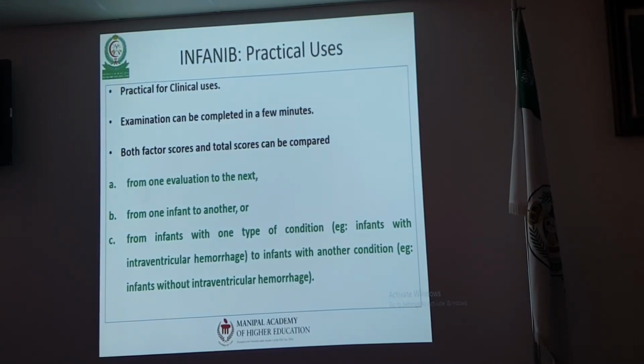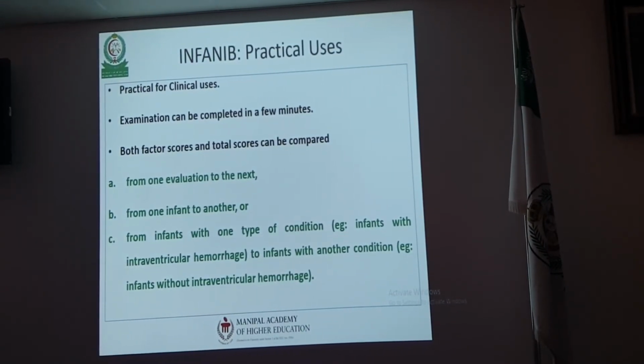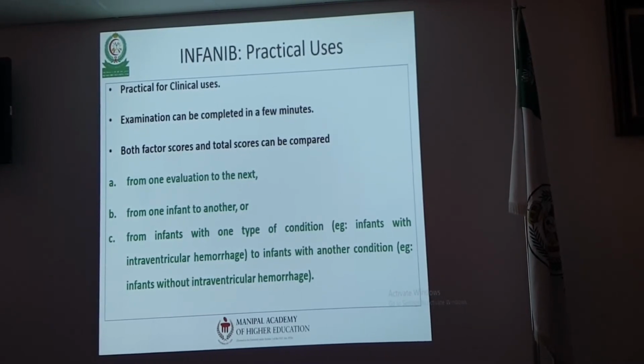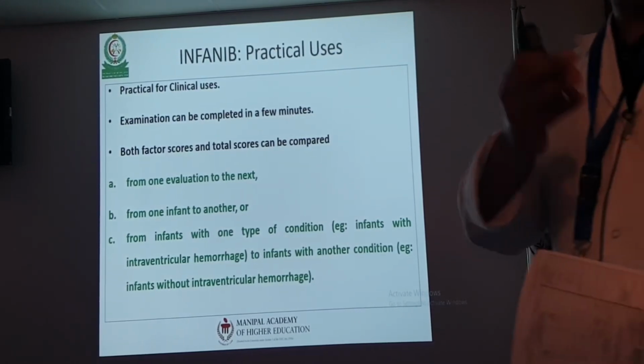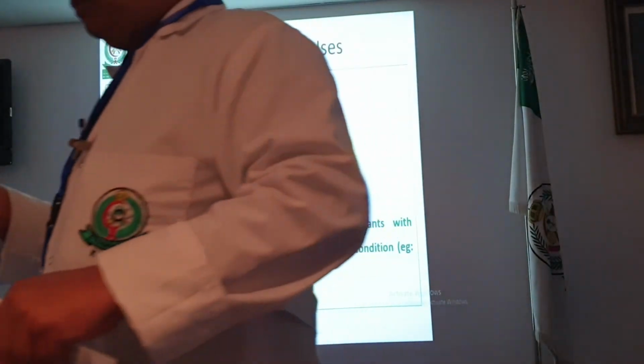So you can compare across the factors, at different age points, how the child was performing, as well as you can compare the total score. Factor score cannot be used to conclude anything. Total score only will be used to conclude something. Okay?